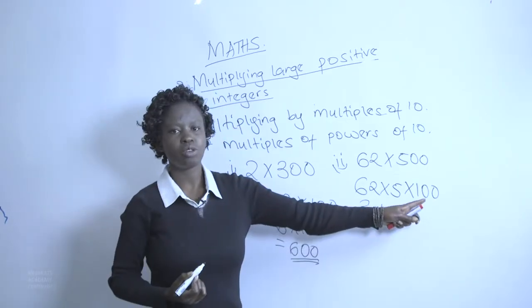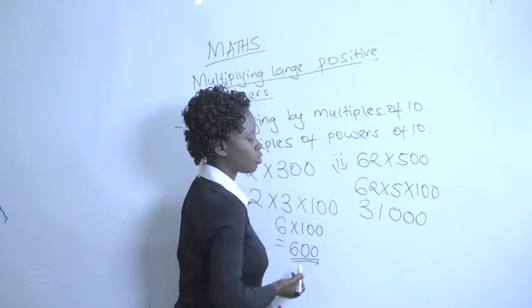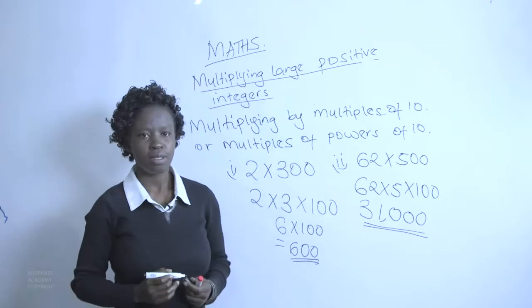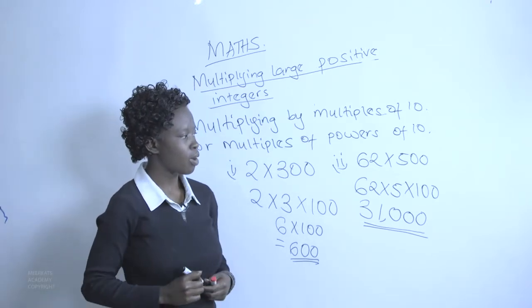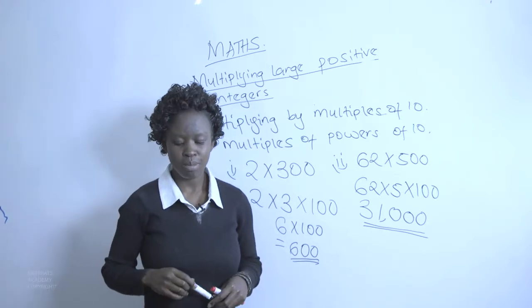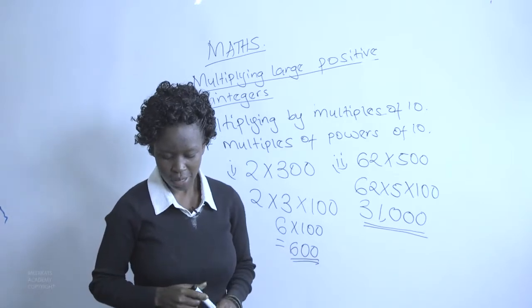Then we add on the 2 zeros from 100, and we obtain the answer 3,100. So that is our answer when we multiply 62 times 500. We can look at another example.